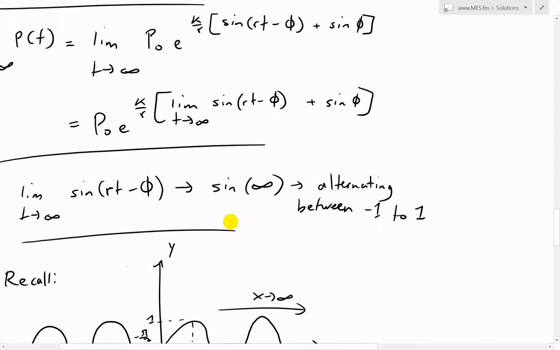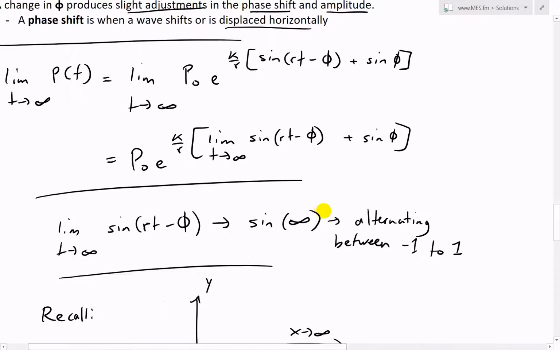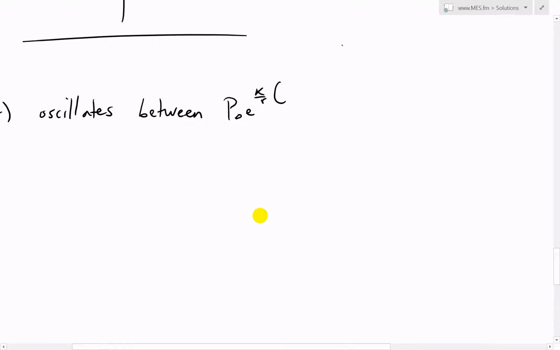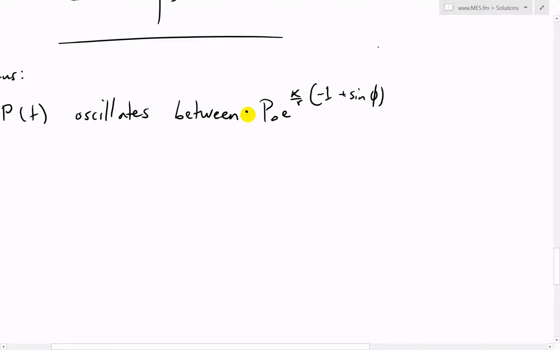When you plug in this sine(rt minus phi) from -1 to 1, let's write -1 plus sine phi, so between this and P0 e to the krt times 1 plus sine phi, like that.